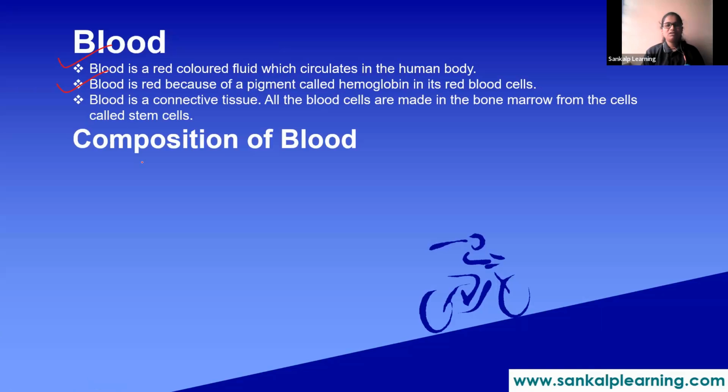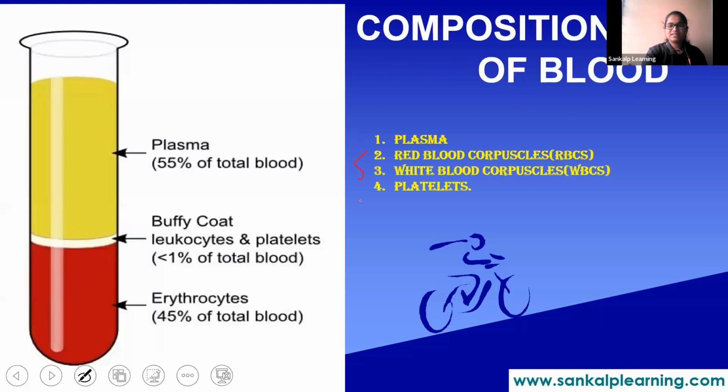Sorry. Put the heading composition of blood. Then after composition of blood, write down these 3: red blood cells RBC, white blood cells WBC, platelets, 1, 2, 3. Don't write plasma. Write down these 3.